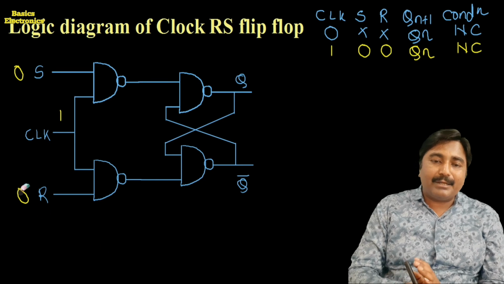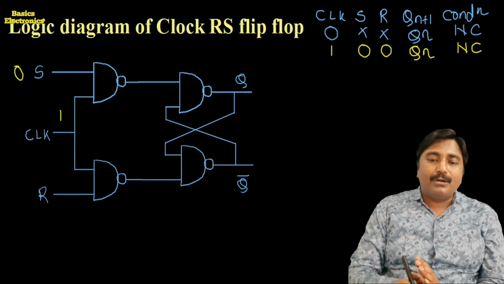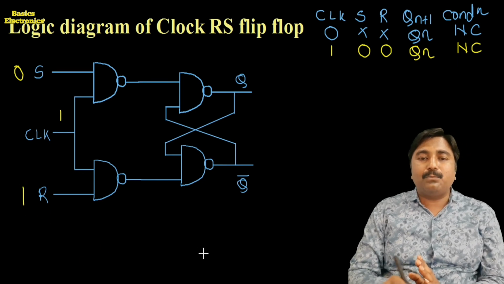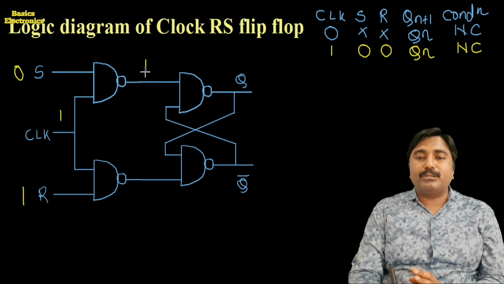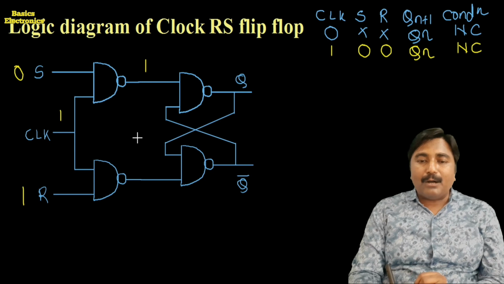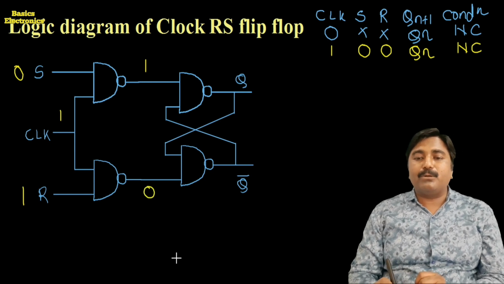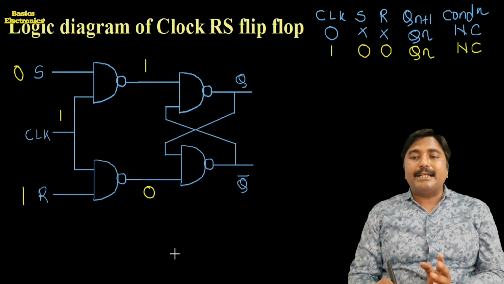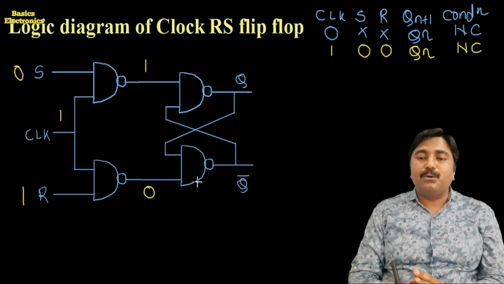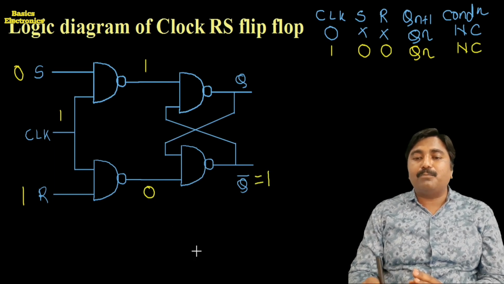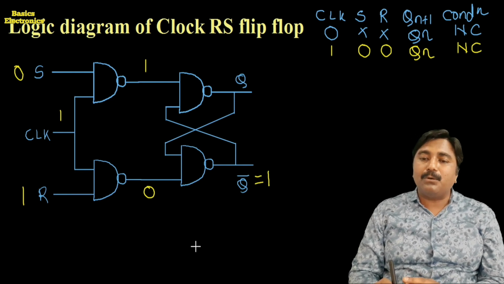Then the next condition we consider is S equal to 0 and R equal to 1. When S is equal to 0, the upper NAND gate produces a high output, whereas the lower one produces a low output. As we know, if any one input of a NAND gate is low, then it produces a high output. It means Q bar is equal to 1.